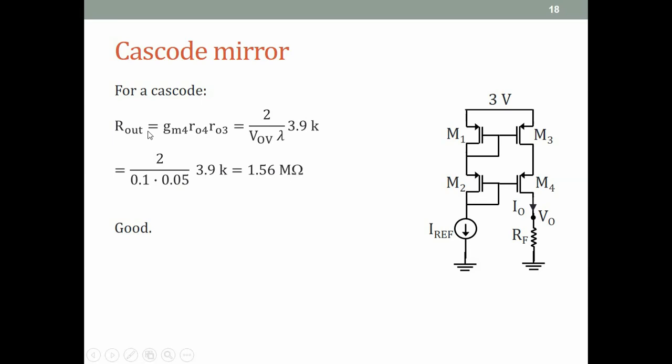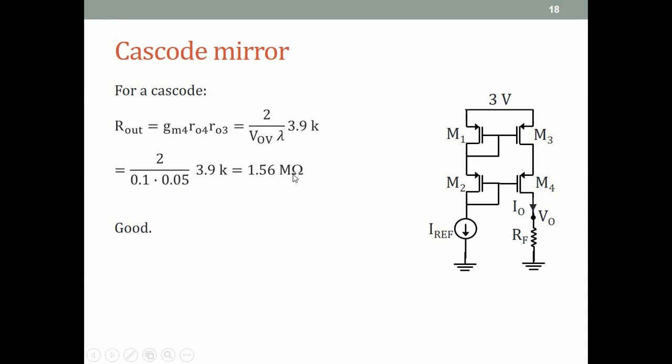Now we want a large R-out, and so we say, well, we'll put the smallest possible VOV to get the largest possible R-out. The smallest VOV we know is 0.1 volt, lambda is 0.05. So if we calculate, this turns out to be 1.56 mega ohm, which is good. We wanted greater than 1, we've got 1.56. So we say, okay, a normal cascode is good enough for our design.